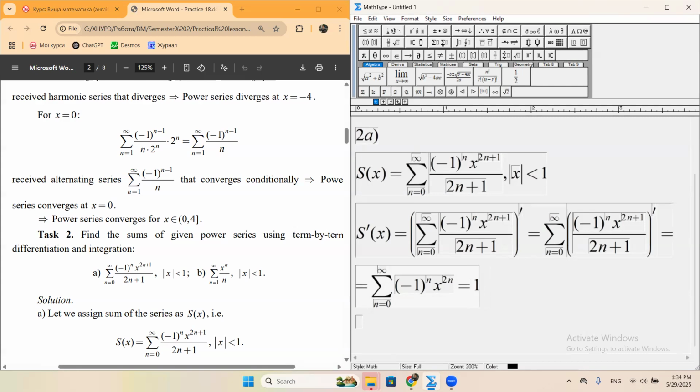And then for n equals 1, minus x squared, plus x in power of 4, minus x in power of 6, plus x in power of 8 and so on.